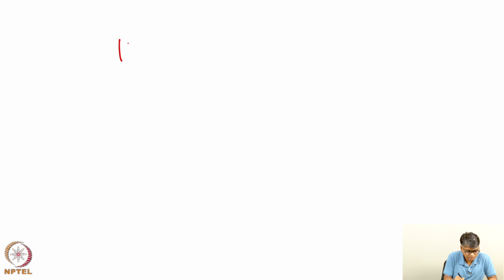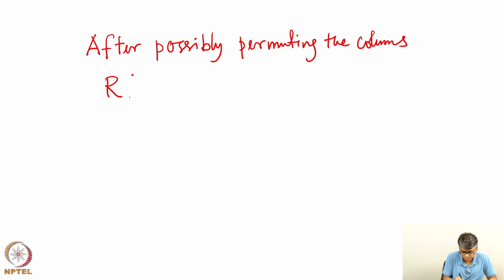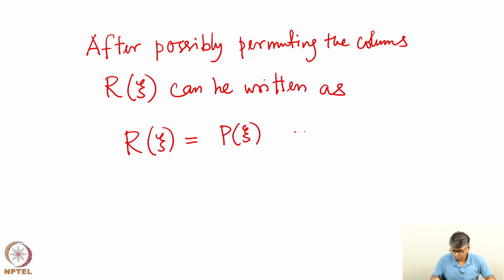So after possibly permuting the variables, after possibly permuting the columns, R(ξ) can be written as R(ξ) = [P(ξ) −Q(ξ)], like before.